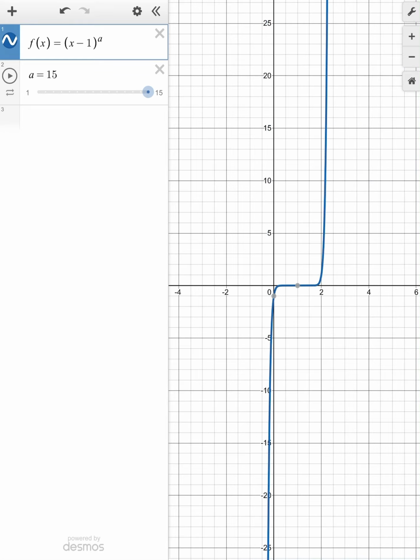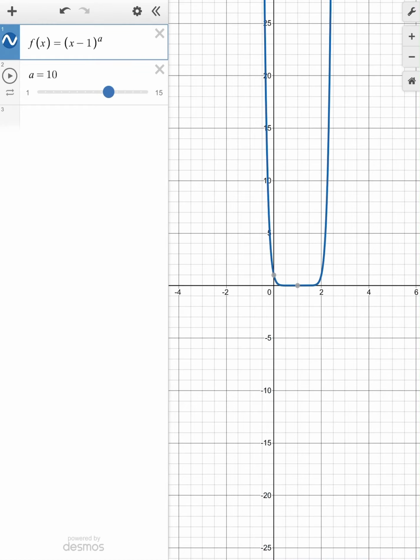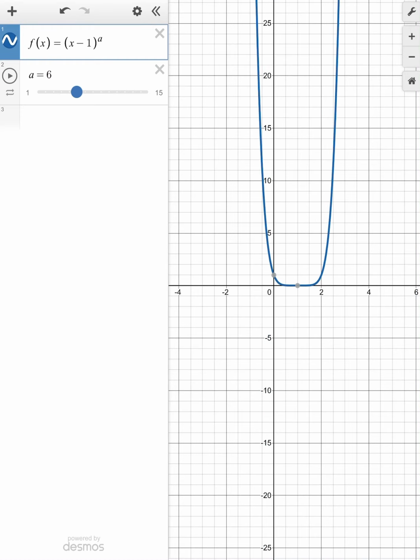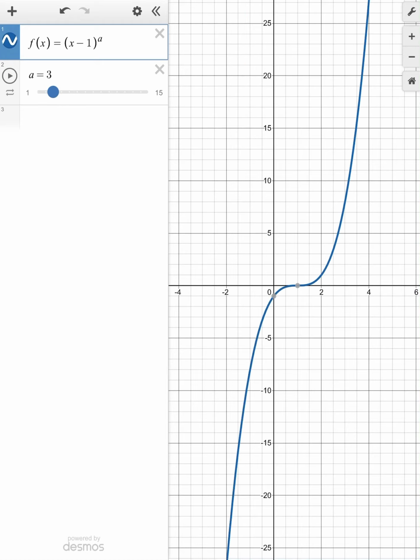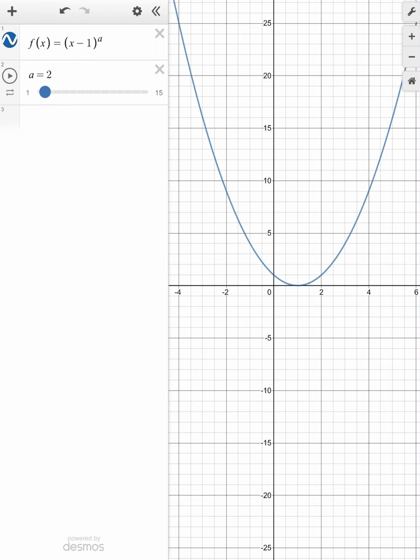So when my multiplicity is even, when it's 14 or 12 or 10 or 8 or 6, my graph at the 0 is bouncing off, just like it does for the quadratic. It bounces off.